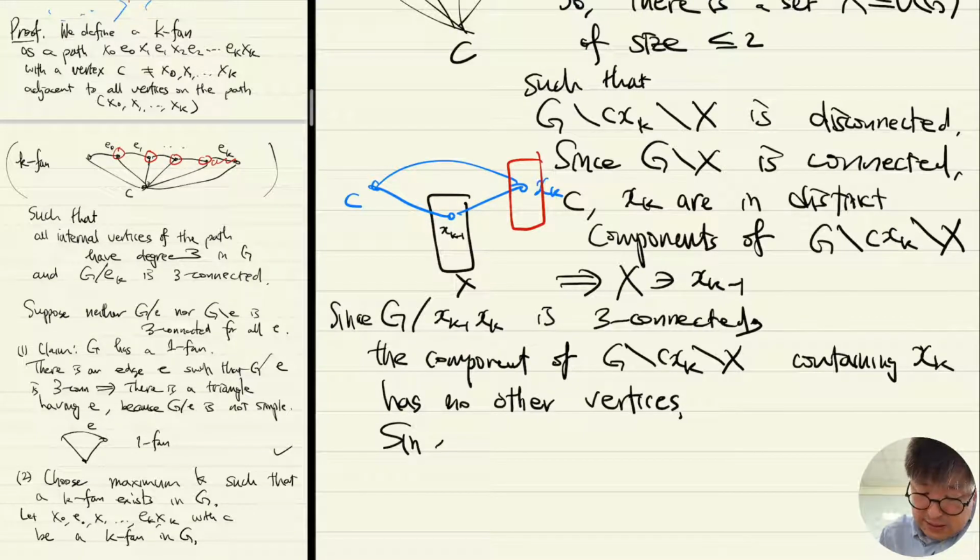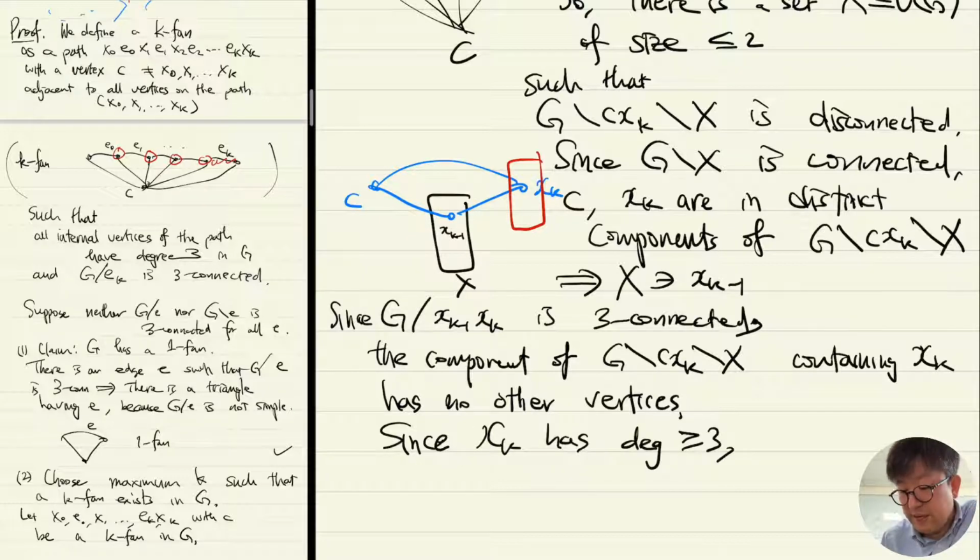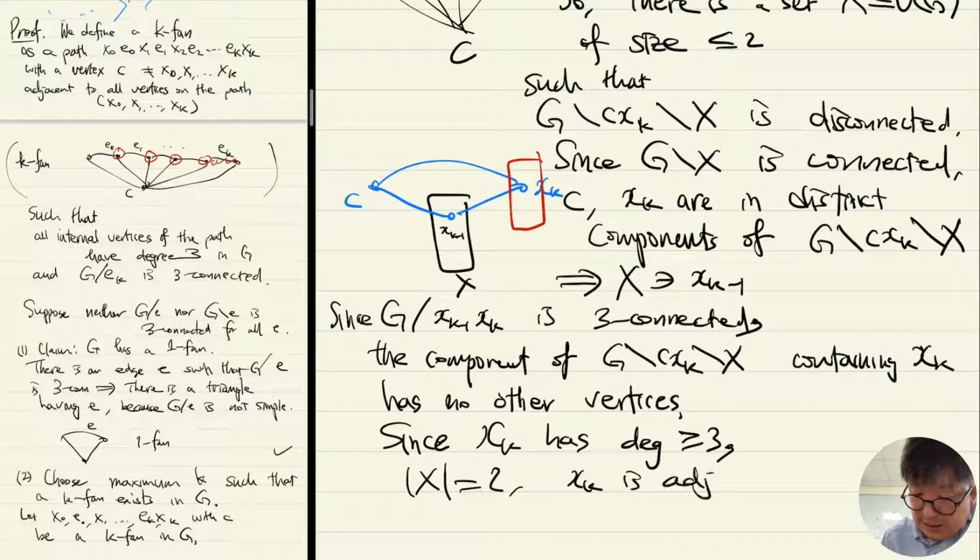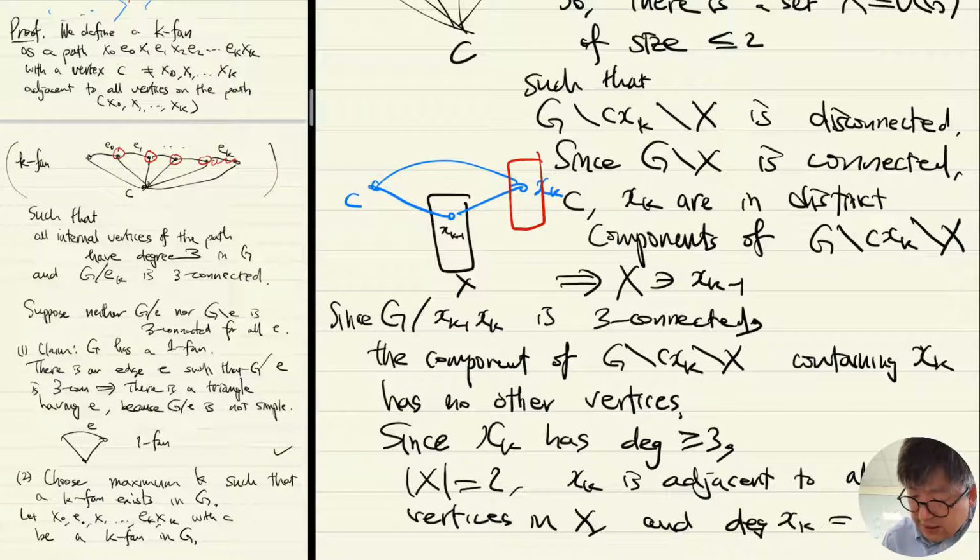Now, since the graph is 3 connected, every vertex has degree at least 3. So xk, the size of x is 2, and xk is adjacent to all vertices in x, and the degree of xk is 3, right?